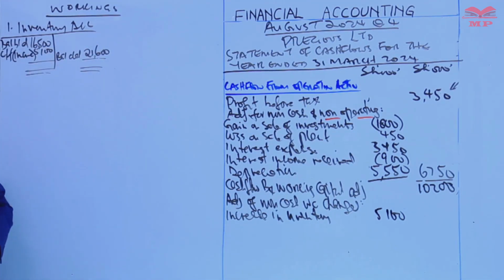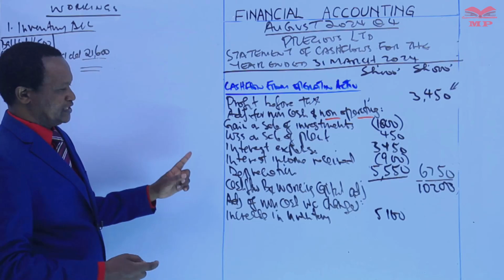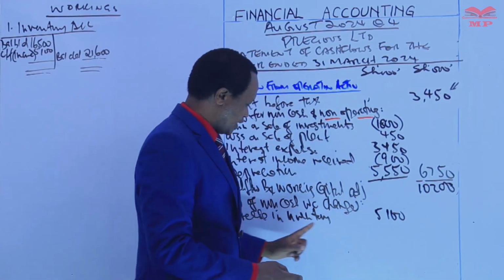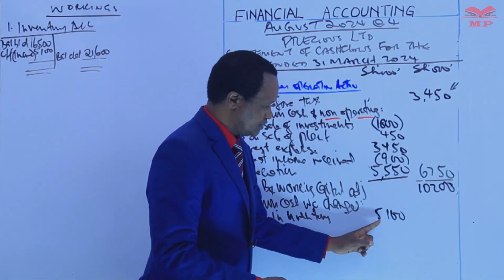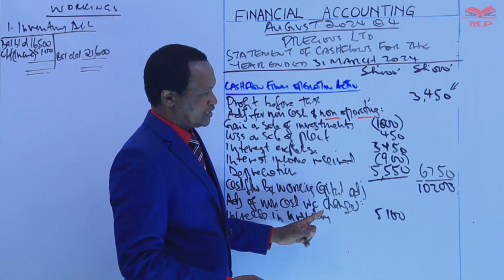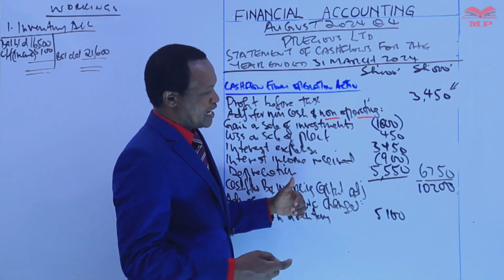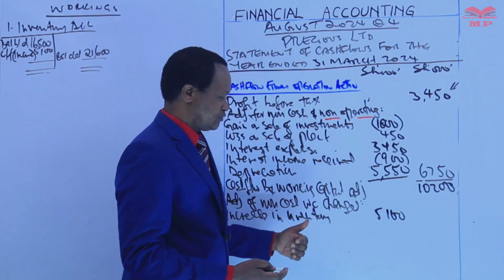Are you following, candidates? When there is an increase in inventories, does that represent an inflow or an outflow?